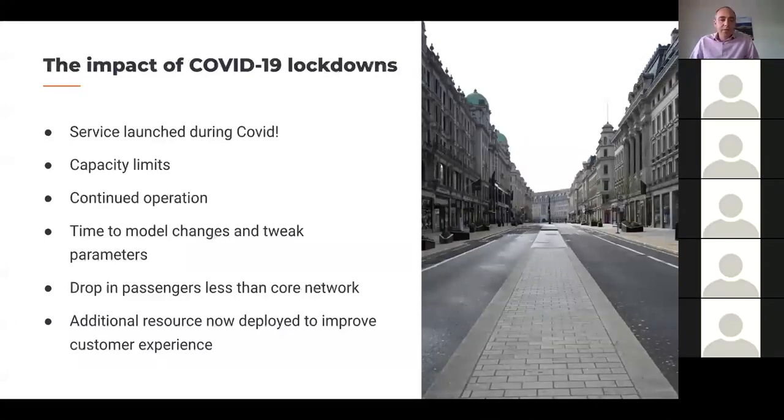So the service was actually launched during COVID. So in many ways, we've never run Just Go outside in what we'd call normal times. We were originally due to launch service in June of 2020. Obviously, that wasn't a good time to mobilise a service, so we agreed that we would launch it in September 2020 when the restrictions were reduced.